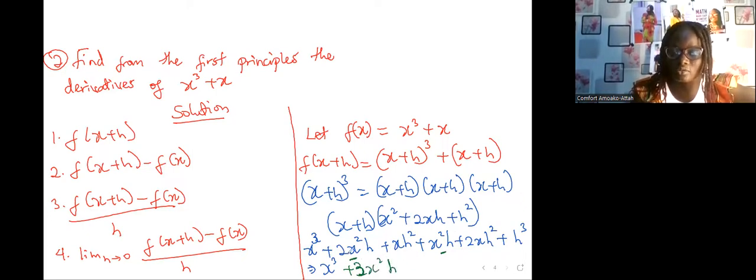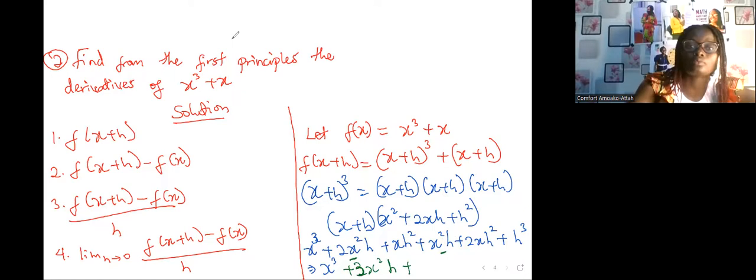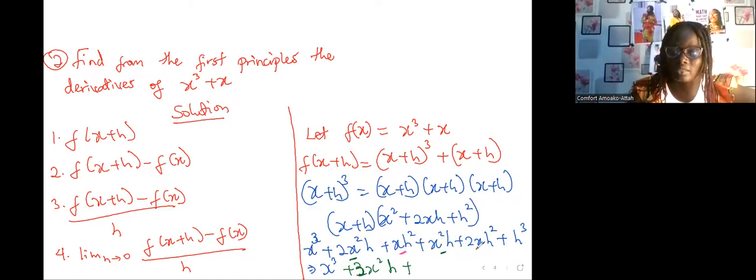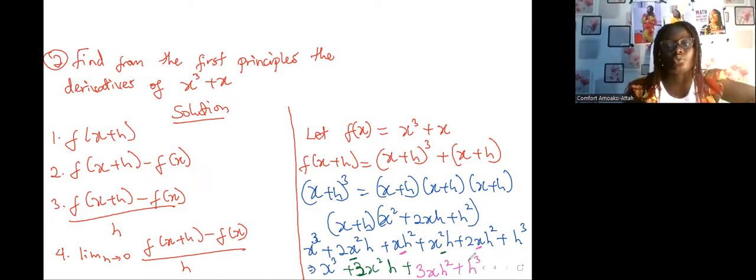That is this plus this. And I think we have something common in this and this as well. So something like this and this, giving us 3xh squared plus h cubed. All right. So this is giving us x cubed.